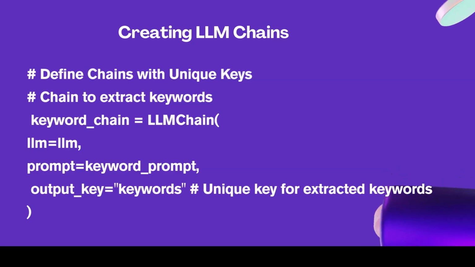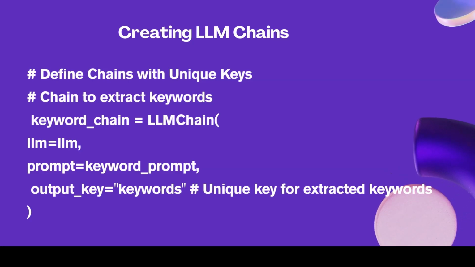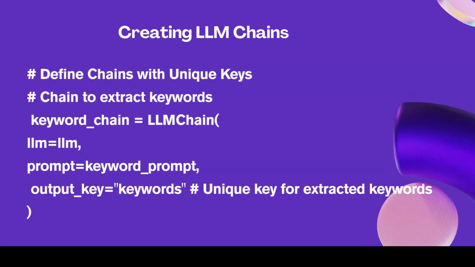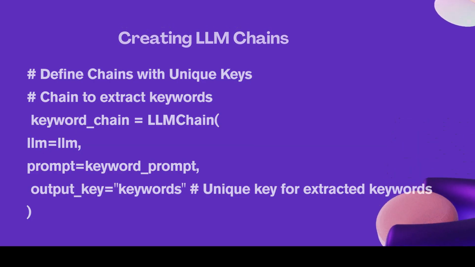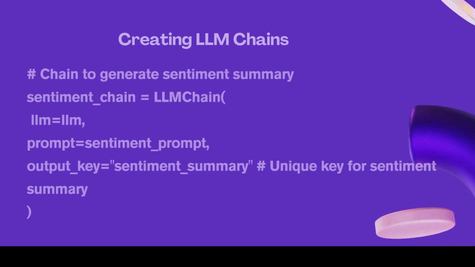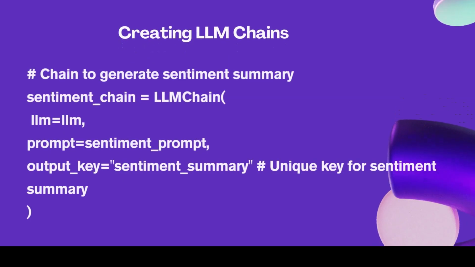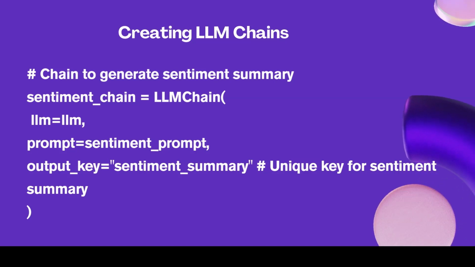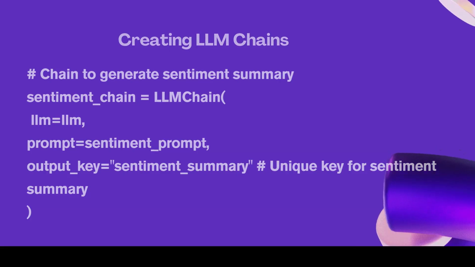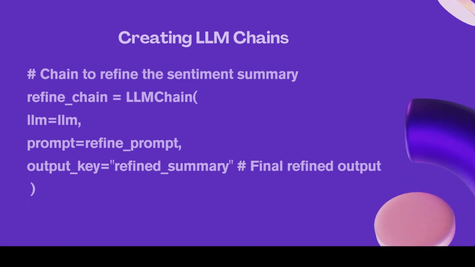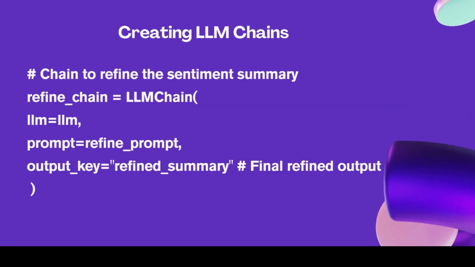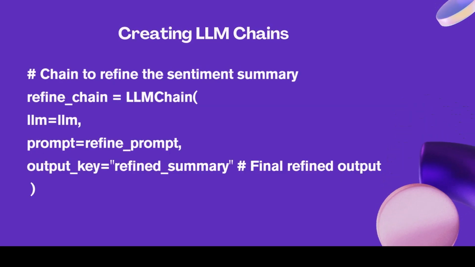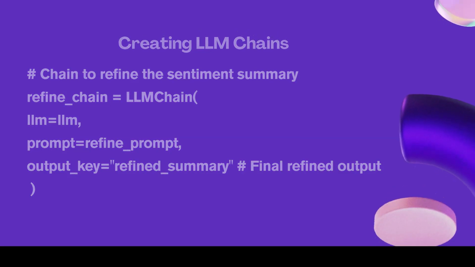The first chain, keyword chain, extracts keywords from input text using a specified prompt and stores the result under the key keywords. The second chain, sentiment chain, generates a sentiment summary and saves it with the key sentiment summary. The third chain, refine chain, refines the sentiment summary further and stores the final output under the key refined summary.